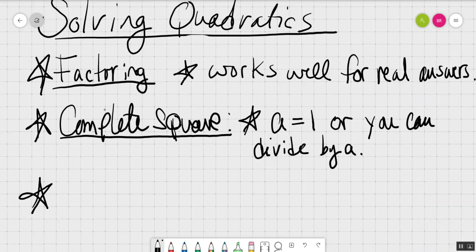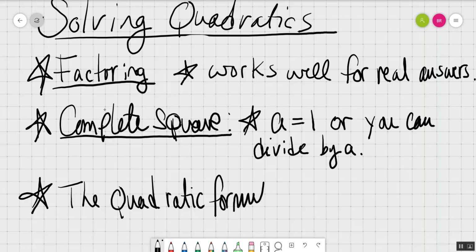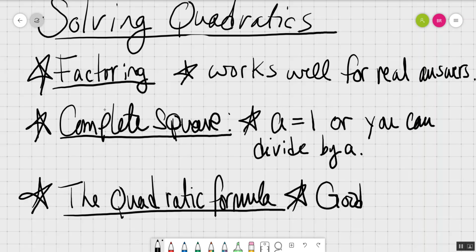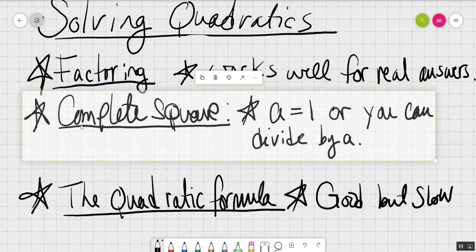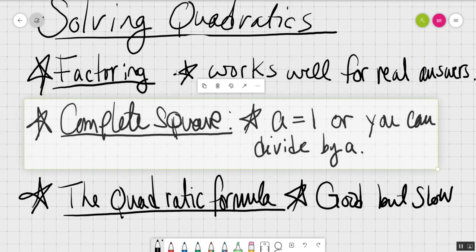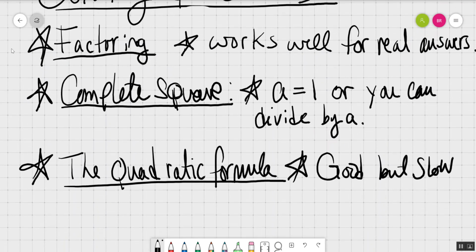And then the last one is using the quadratic formula. It has some advantages. It always works, but it's a little slow. Good, but slow. You notice each of those problems took me a while to get through. I only did 5, and it was a bit of a mess, to say the least.